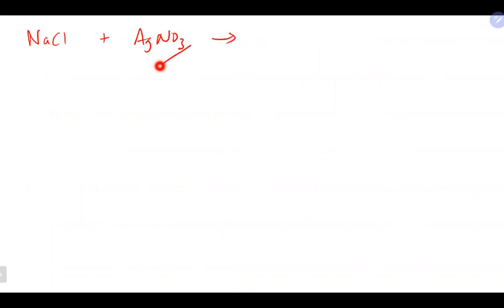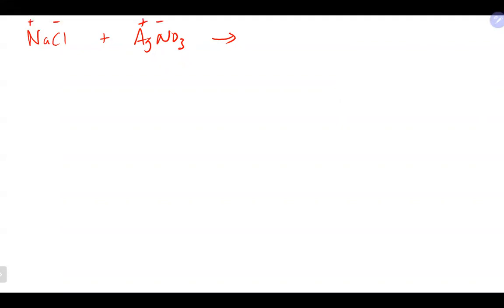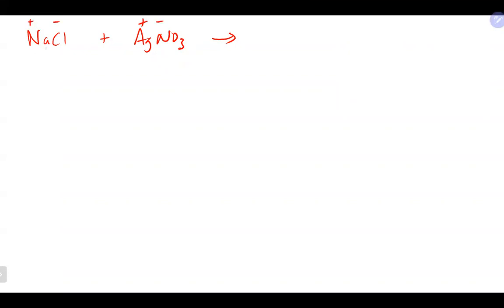Again, when we look at this here, this is a positive, negative guy, positive, negative guy. So if I was not sure of what's going on, that should tell me that it's a double displacement reaction, which means, again, here, our positive guys will switch partners. So these 2 guys are going to switch. And that would give us some sodium nitrate on this side and a little silver chloride.